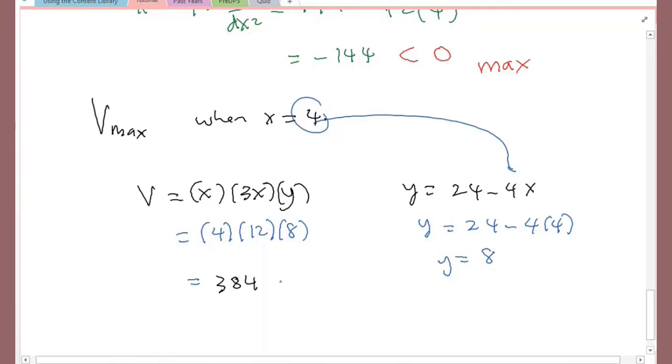It's volume, right? Volume means cm cubed. Done. Okay, settle. So this is deduct.